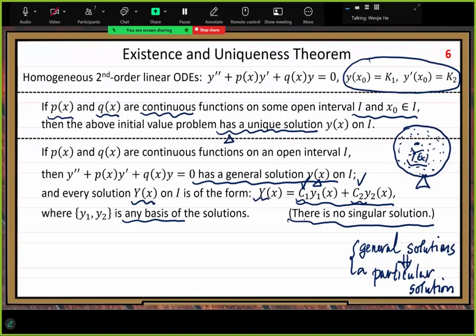But then there is a special case. That is, you may have a solution, sometimes you have, sometimes you do not have, a solution not from the general solution.